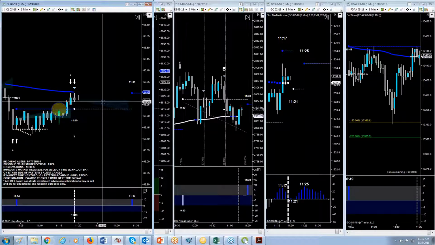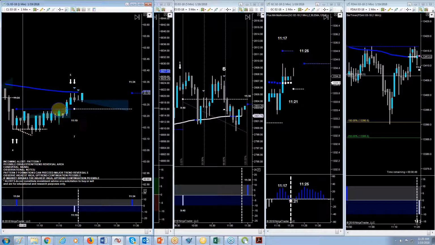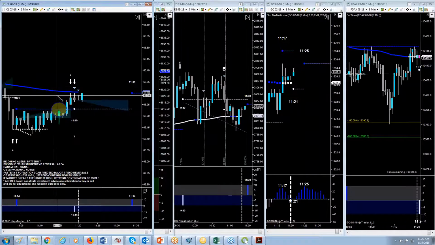There's a possible exhaustion. Even though the signal is white, the computer is warning us, listen, the way it appears here, we want to be careful. If market breaks the high, uptrend possible. Where's the high? The high is right here.